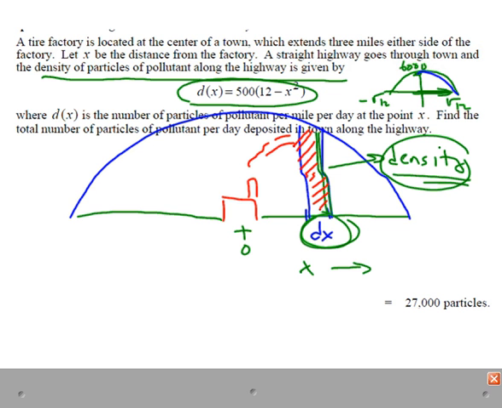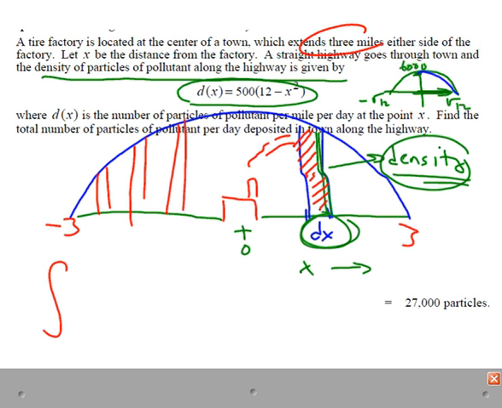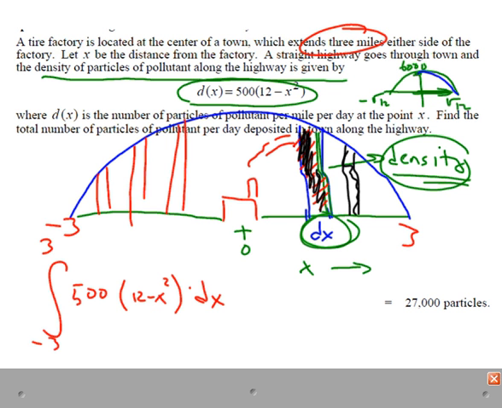So what I'm going to do to find all of the pollutants is add up all of these strips. So I'm going to sum up all of the strips from -3 to 3 of my density of pollutant times dx. And again, that's giving me this shaded region, and I'm adding up all these infinite shaded regions.